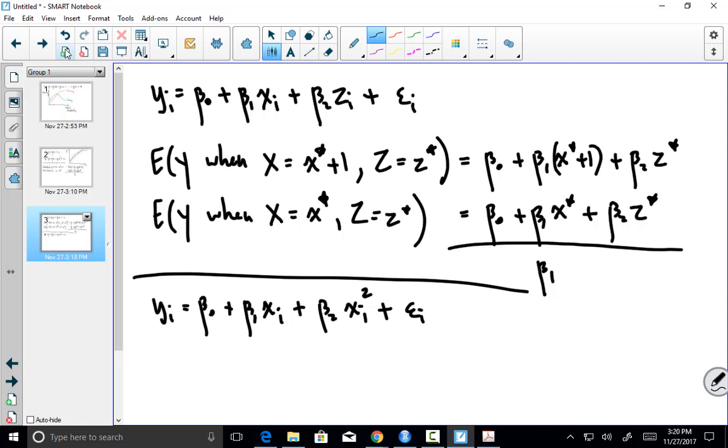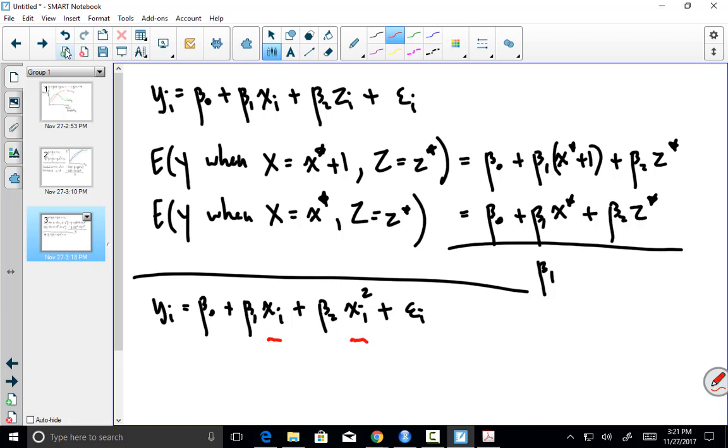Using the same approach that we used in the previous two examples here, suppose we tried to compare two individuals who differ by 1 unit in x and take a difference. It doesn't work out as cleanly as it did in the previous example, because if you increase x by 1 unit, then this is affected, but so is that.